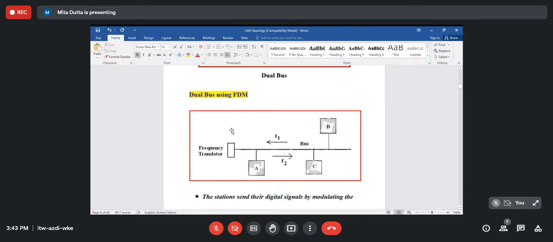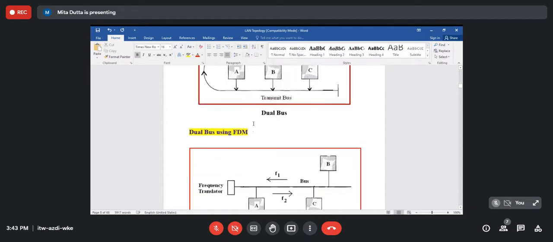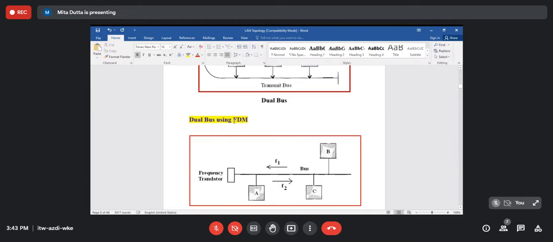And we have seen how a PLL device, for example, can be used to translate one frequency to another frequency in our electrical instrumentation course. And this is a dual bus using the frequency division multiplexing technique, so that we are able to transmit more than one piece of information at a time.